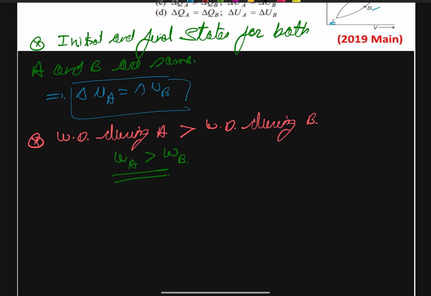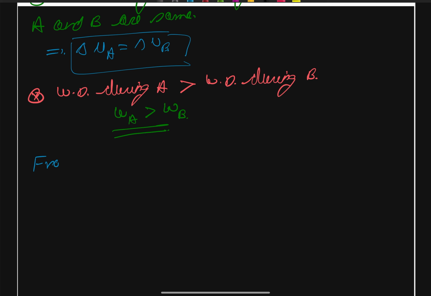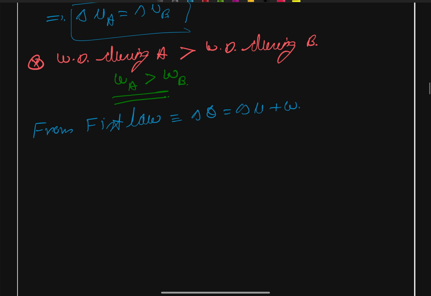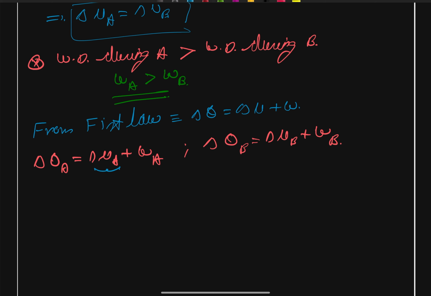And from first law we have our delta Q is equal to delta U plus W. So we can write this first law in two terms. For process A, delta UA plus work done for A, and for our process B, delta UB plus work done for B. And comparatively this UA and UB is same.